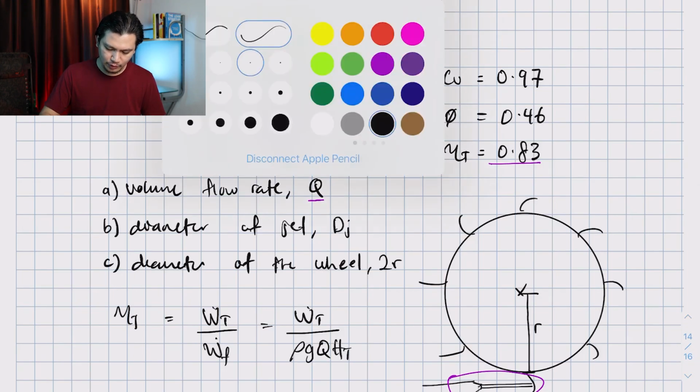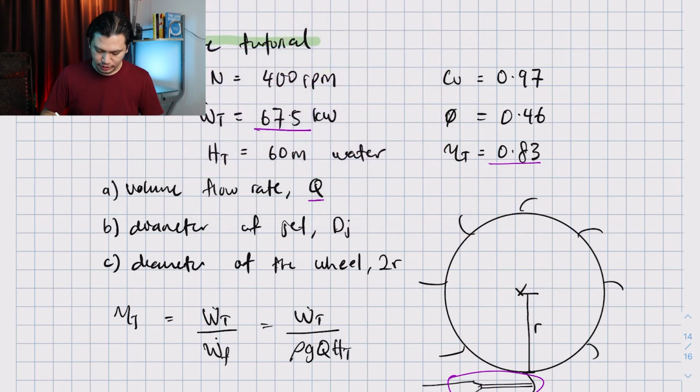We have everything we need to solve this equation: we have eta T, W dot T, rho, G and HT. What we need now is Q, the volume flow rate.